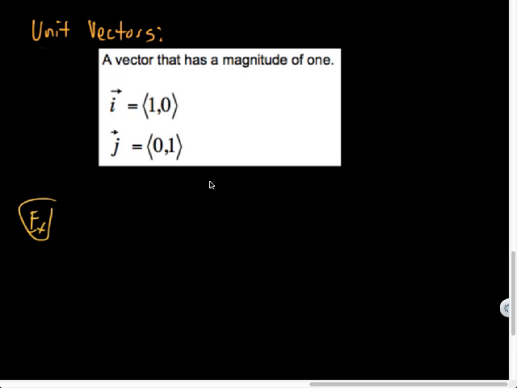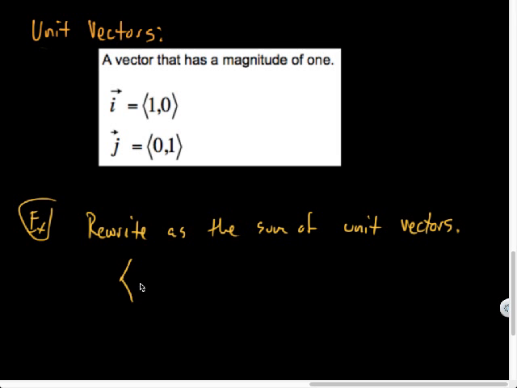The vertical unit vector is referred to as j. They should have realized i was already used for imaginary numbers. But what you can do with these is write vectors as the sum of unit vectors. It's just a different notation, really. So if I had the vector, say, 2 comma negative 1, I could write that as 2i, 2 of the i's, minus 1 of the j's.